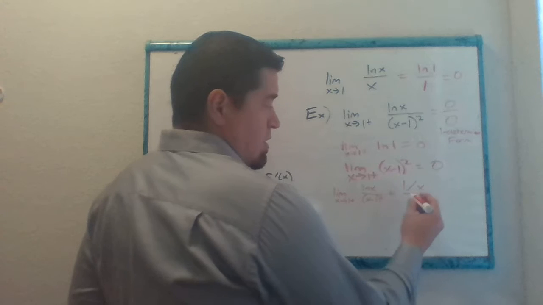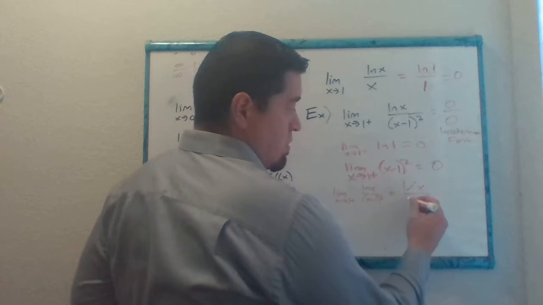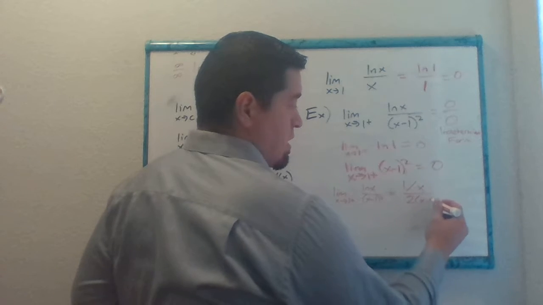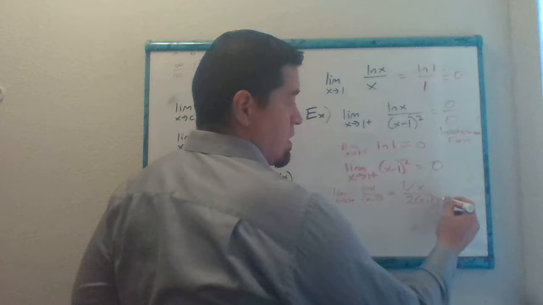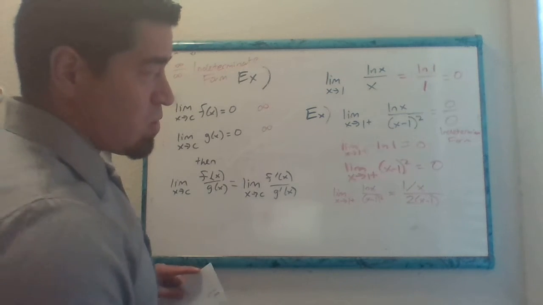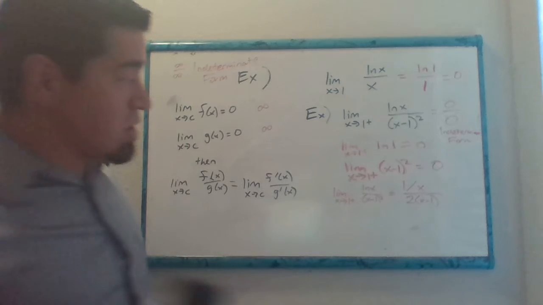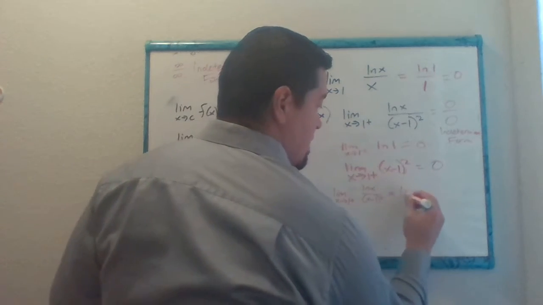Well, I can use the chain rule here: 2 times x minus 1 times the derivative of the inside, which is 1. So I'm just going to write that. And I'm going to rewrite the same thing, but just with the limit.